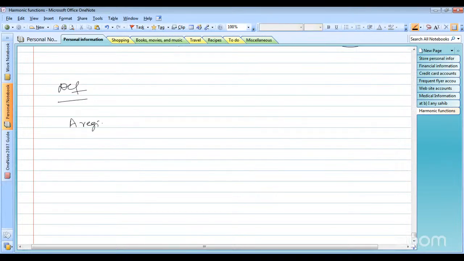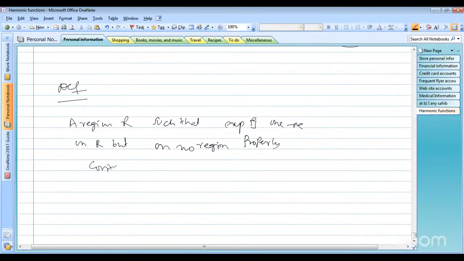A region R, that is, the exponential is 1-1 on R, but no region properly containing R. So R is such that the exponential is 1 to 1, but no region properly containing R, we know that is called a fundamental region for the exponential function.